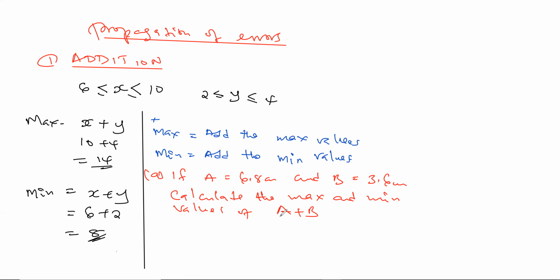They want you to get the maximum of this operation, which is A plus B, and then the minimum.